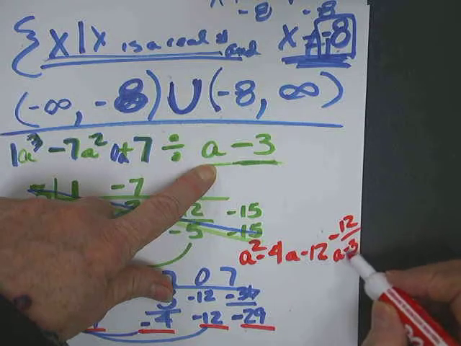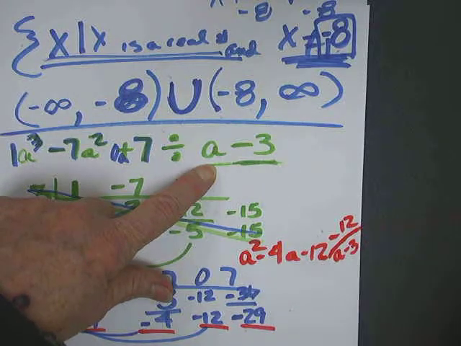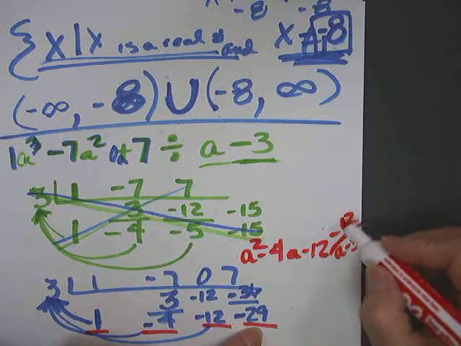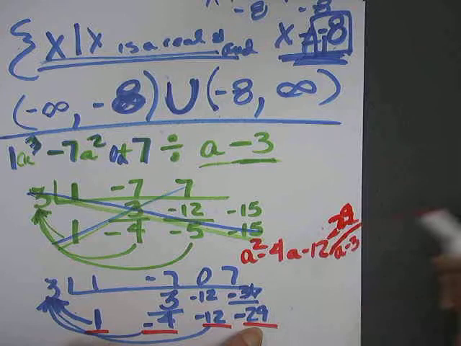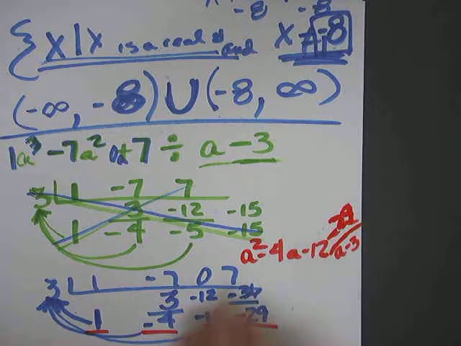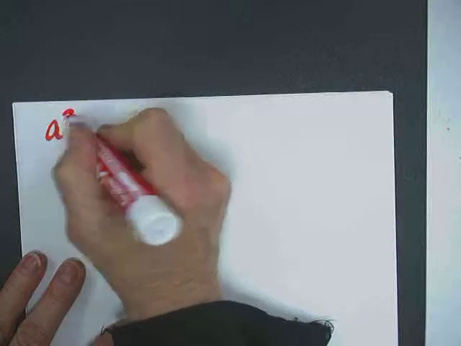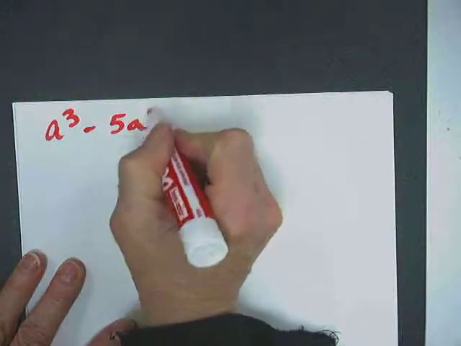Okay, so -4 times 3 is -12. Bring that down. -12 times 3 is -36. Add that to 7 is what? -29. Now this, instead of being to the 3rd, will be our squared. Okay?